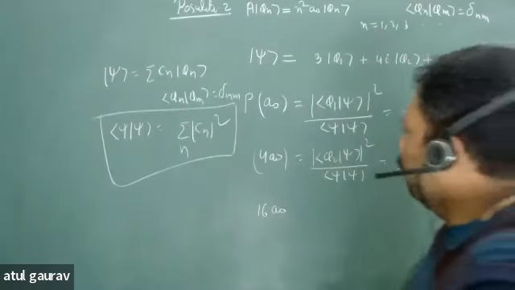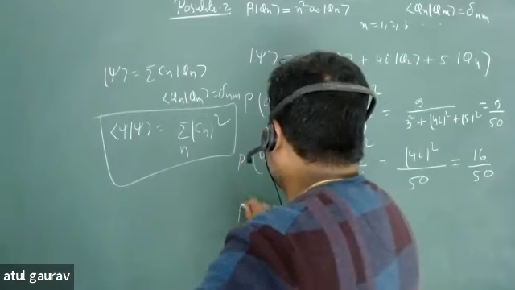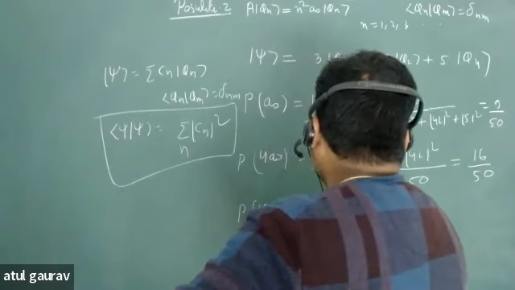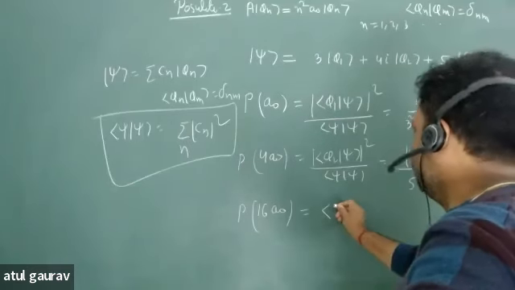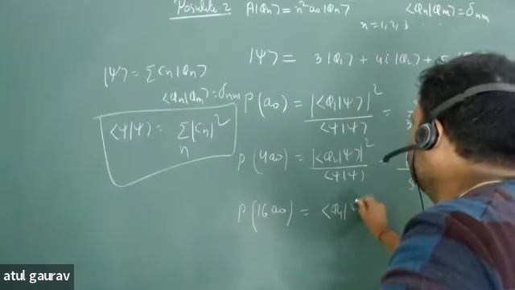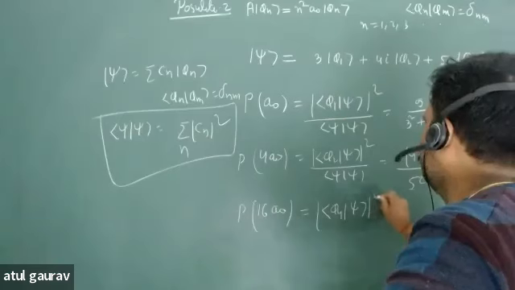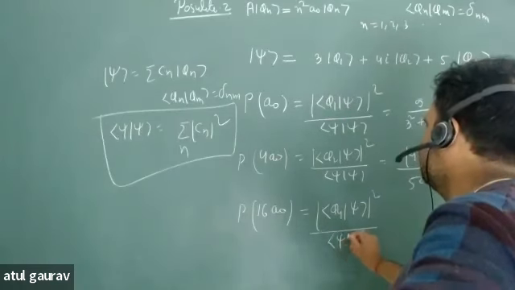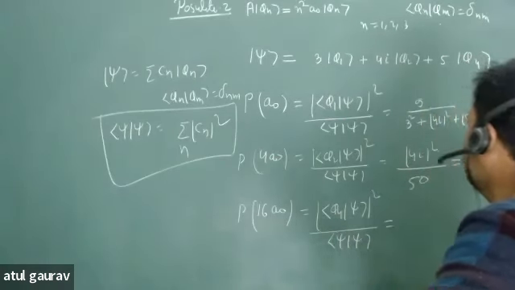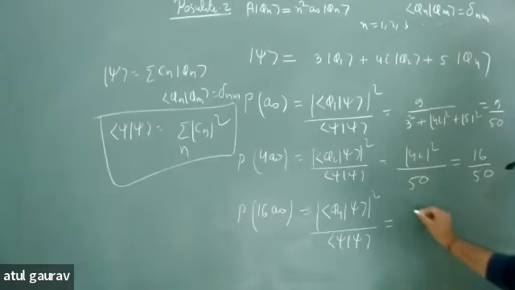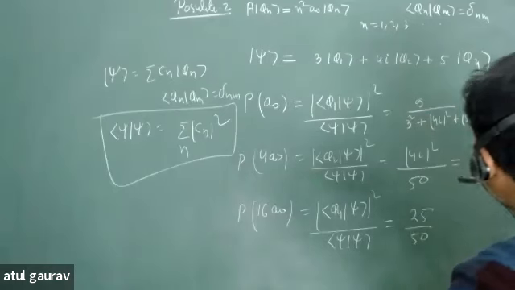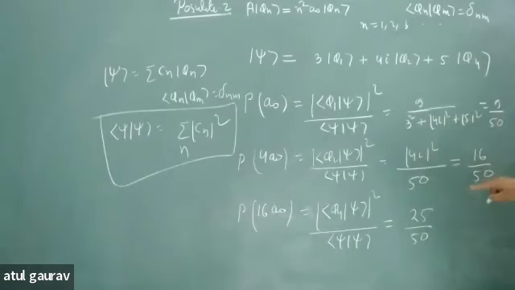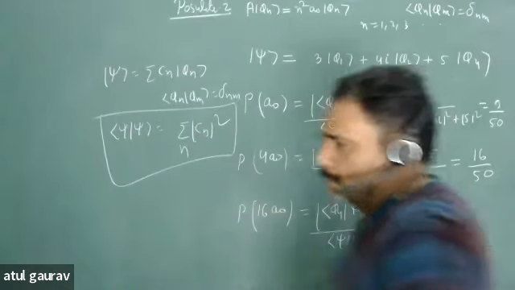Chalo. What will be probability of getting 16A naught? Yahan kya likhenge? Phi 3 likhe ya phi 4 likhe? Phi 4 sir. Phi 4, and that value is psi, you can go for mod psi square, psi and psi. What you will get? 25 by 50. You can make sure that 9 upon 50 plus 16 upon 50 plus 25 upon 50 is equal to what? 1.